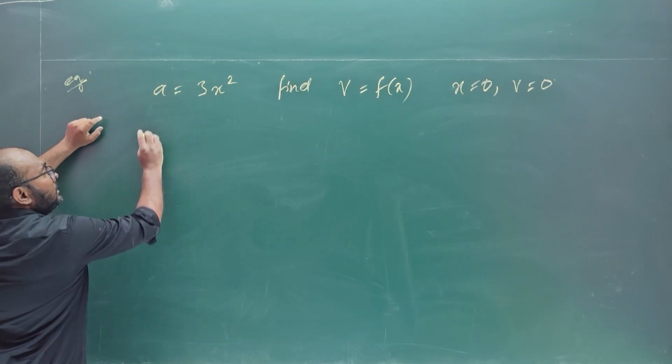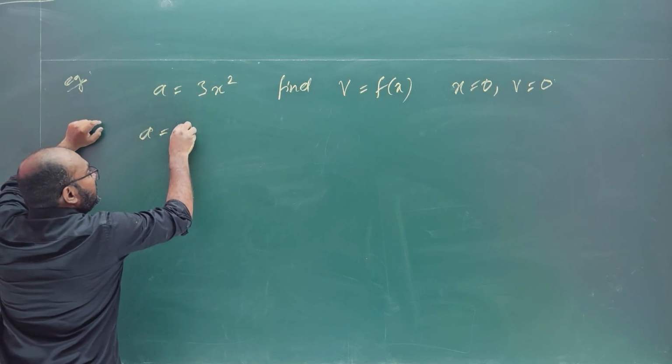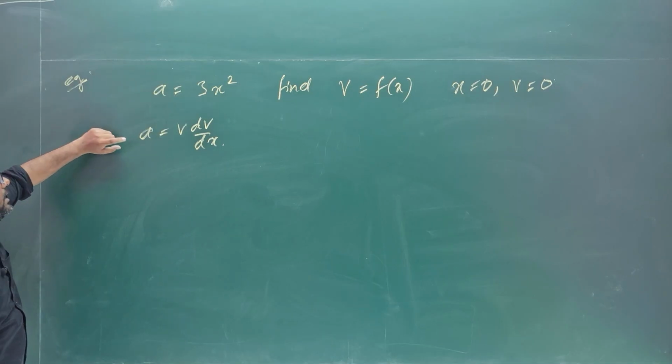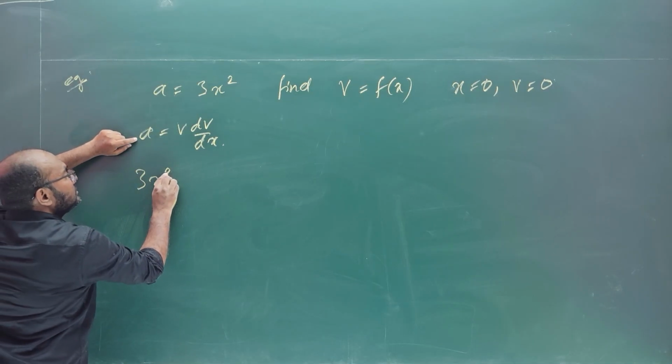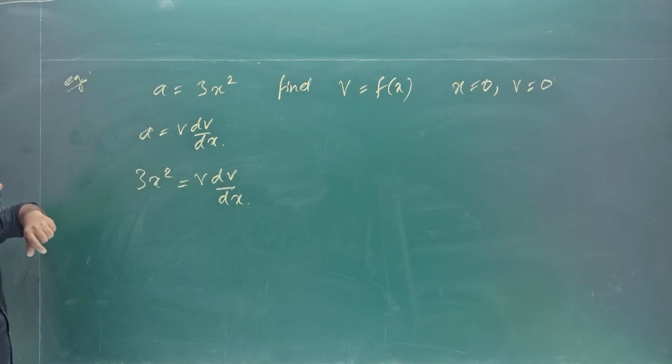Now, first thing, v as a function of x is clearly asked. That means a is nothing but v dv upon dx. Okay, a is given, how much? 3x square, which equals v dv upon dx.